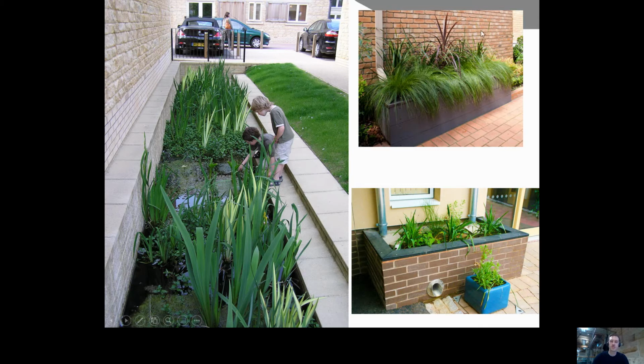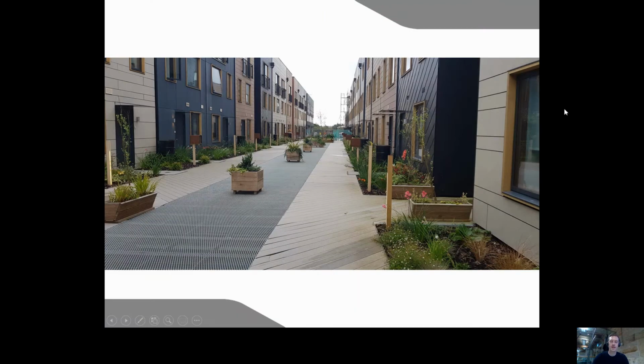You have these features here which are rain gardens. So you've got the downspout from the roof coming down, and again that's going into the rain garden that's looking after the plants there. So you can use these features to make an area look really nice, but equally it serves a purpose as well to make sure that we hold back some of that rainwater and use it for the plants.